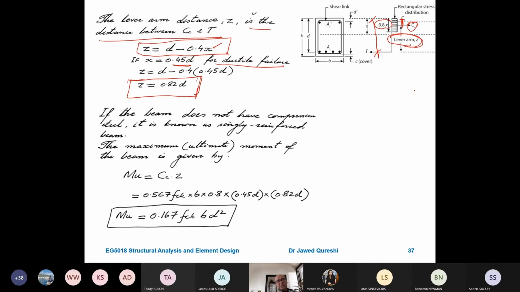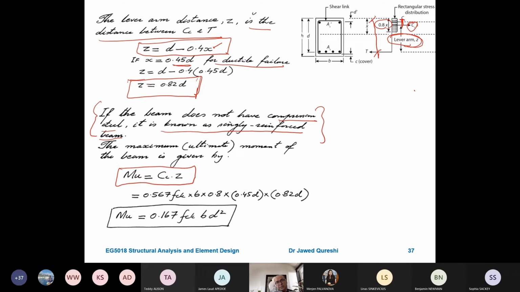Now, if the beam does not have compression steel, it is known as a singly reinforced beam. In our case, we're not considering any compression steel, so the maximum ultimate moment of the beam is given by MU equal to CC into Z. The ultimate moment resisted by the beam is CC times Z, a force times the lever arm or perpendicular distance.